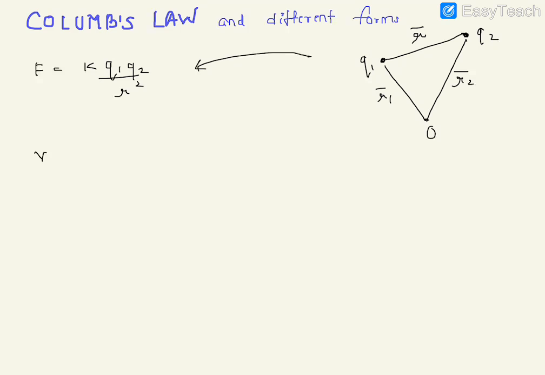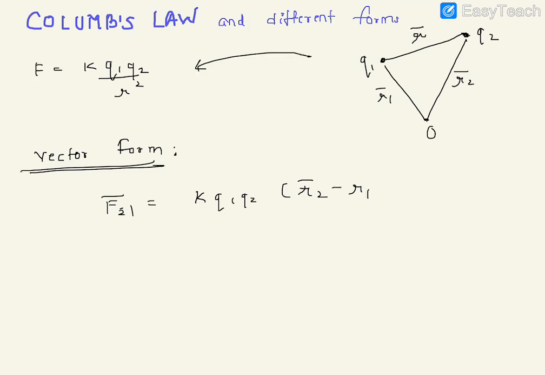And the other form, which is the important form while you go through questions, is the vector form. That is F21, the force applied on charge 2 due to charge 1, and that will be k q1 q2 (r2 bar minus r1 bar) upon (r2 bar minus r1 bar) whole cube.